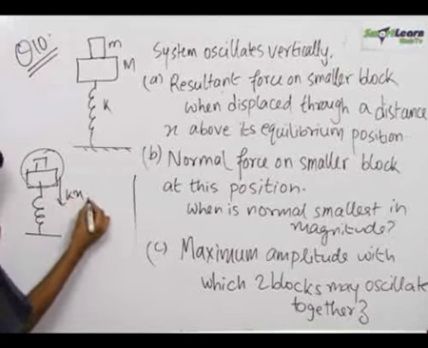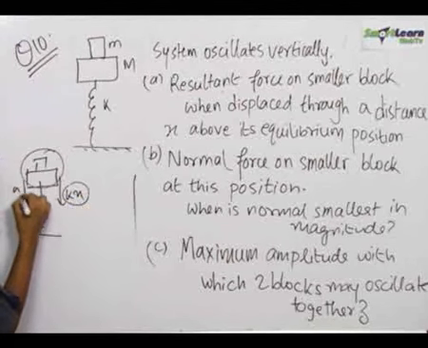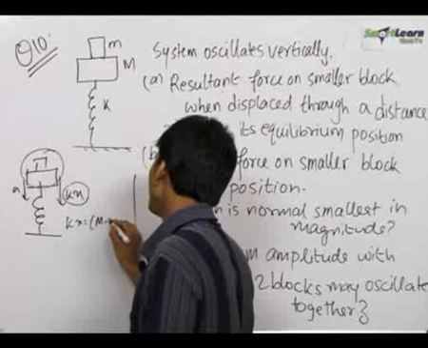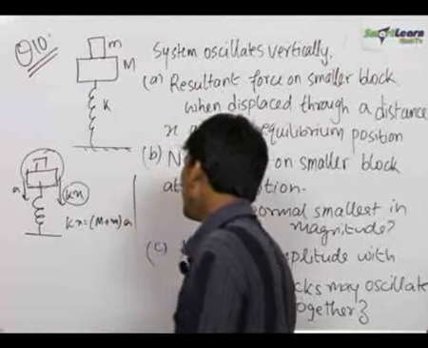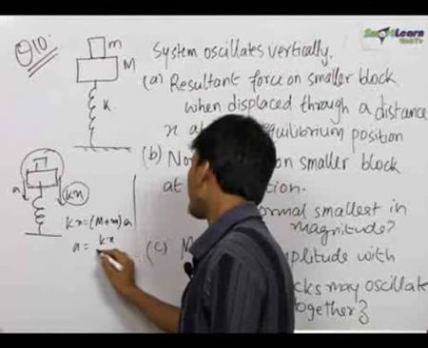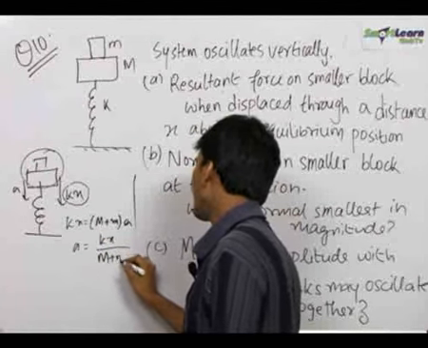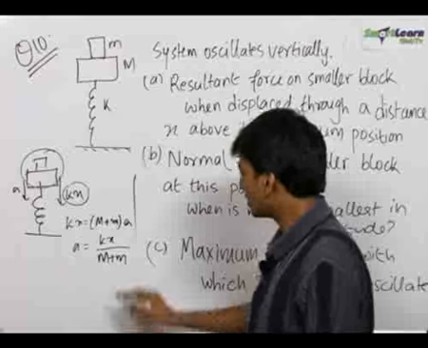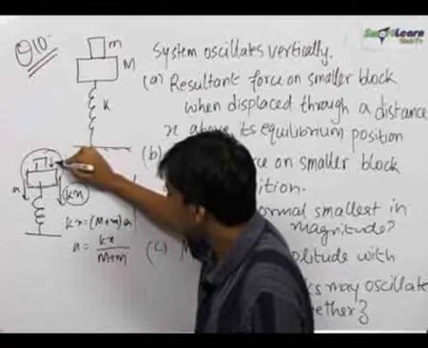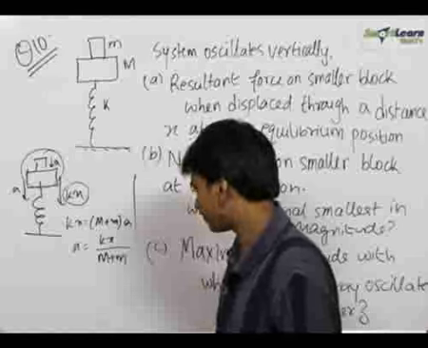Due to this restoring force, there will be an acceleration a. Therefore we write kx is equal to (M plus m) into a. Therefore the acceleration is equal to kx upon (M plus m). Now this is the acceleration of each of the two blocks. Both the blocks are accelerating down with the same acceleration because they are together.